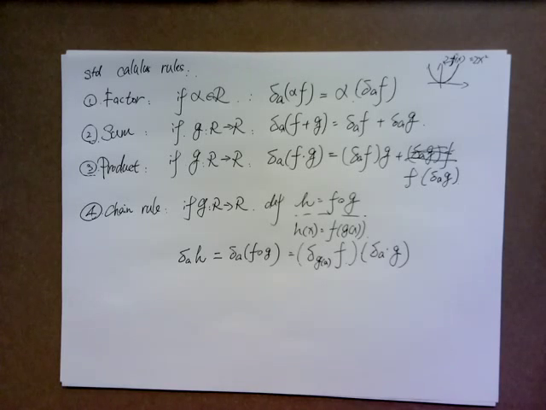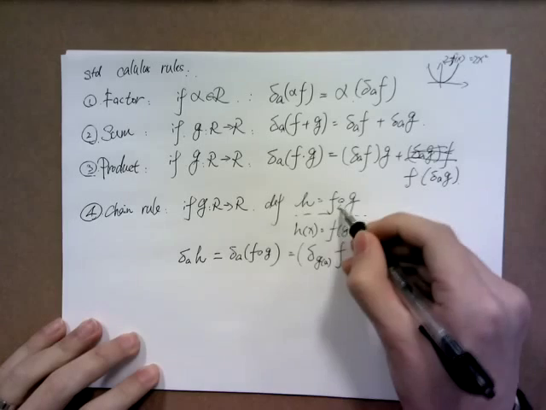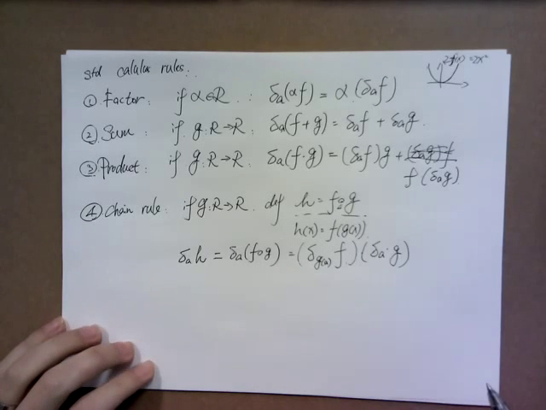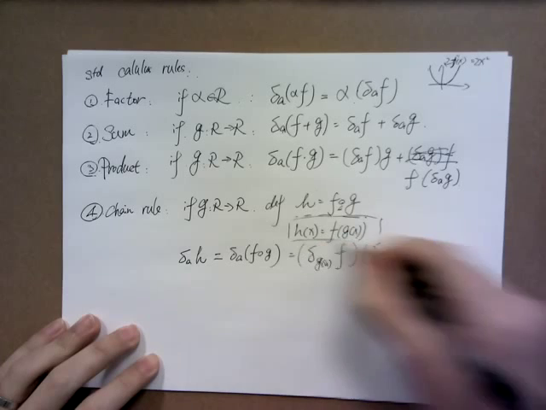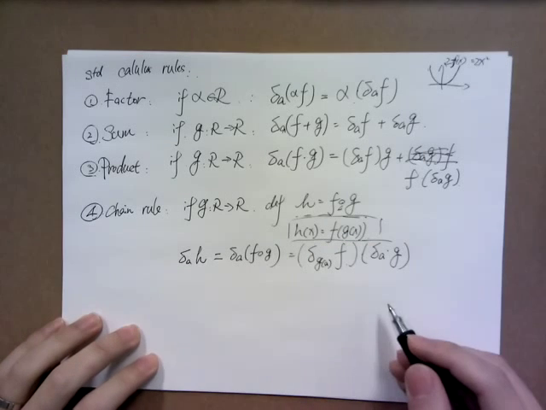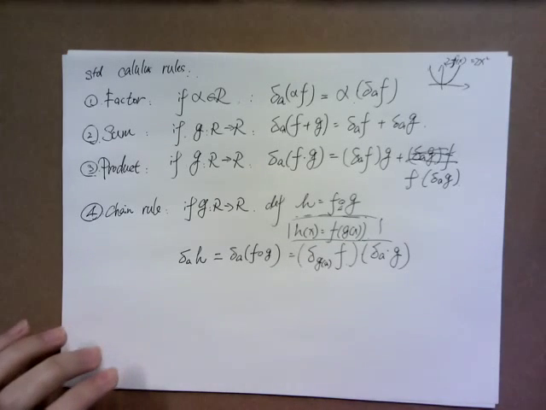Do you have any questions about the calculus in scalar functions? Yep. You mean this one? It's a composition. So basically, the definition of composition is like this. It's just a circle, right?